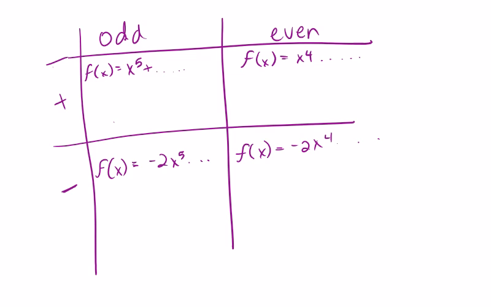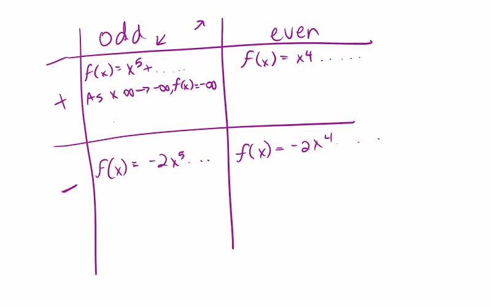So the end behavior for an odd positive is basically going to look like a line. It basically follows a line, because think of a linear function. Linear is odd, right? So as x approaches negative infinity, f(x) approaches negative infinity, because it's going to go down and up. And this is, like I said, just the ends.